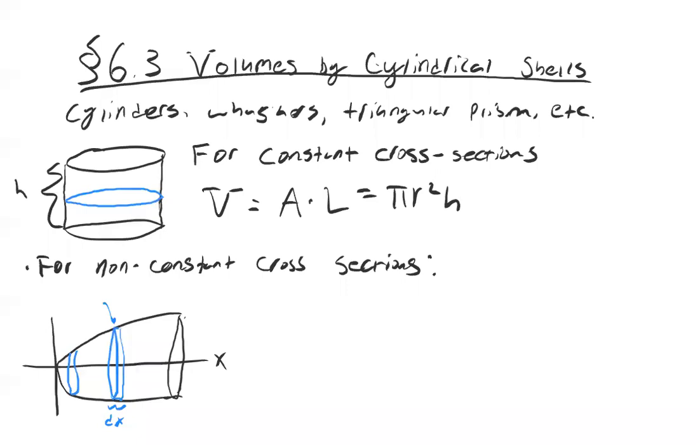I'm on the x-axis, I just go some small amount, we'll call it dx. And the area of this thing, just call it A. Then I can find the volume of that thing, which we'll call dV, a small volume. That's going to be the area of the cross section times the small length that I go through.